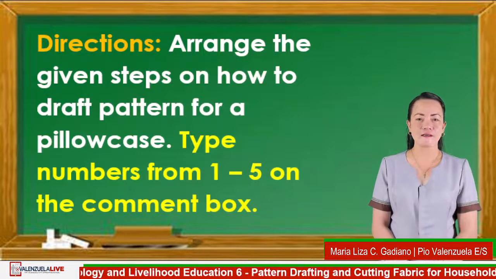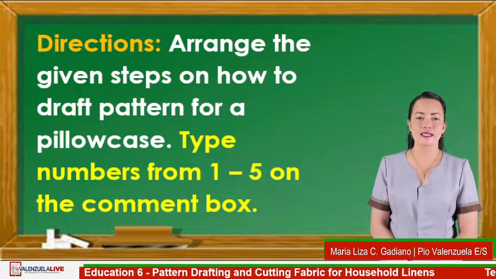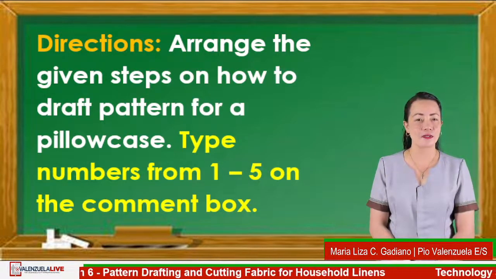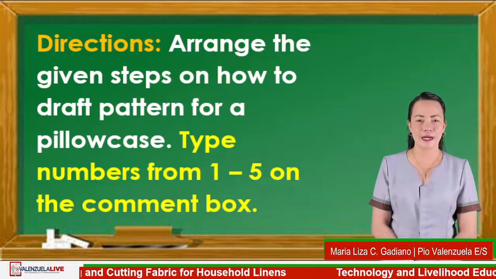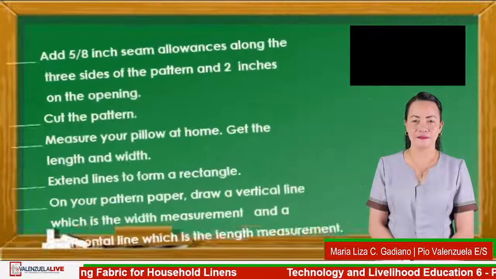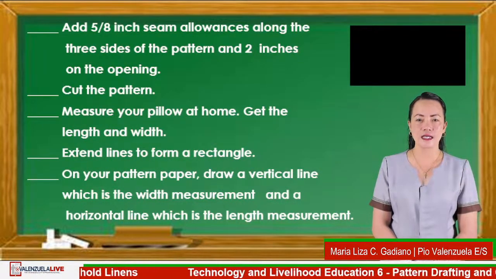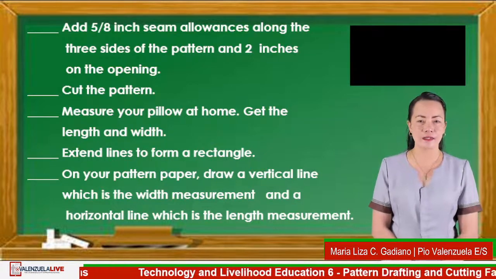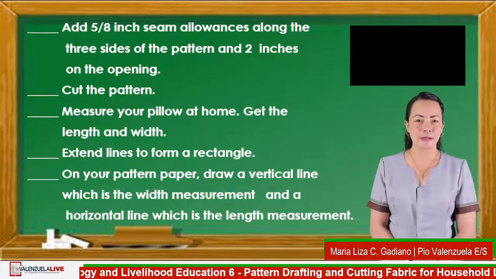For our next activity, directions: arrange the given steps on how to draw a pattern for a pillowcase. Type your answers or type numbers 1 to 5 on the comment box. Add 5/8" seam allowances along the 3 sides of the pattern and 2 inches on the opening. Cut the pattern.